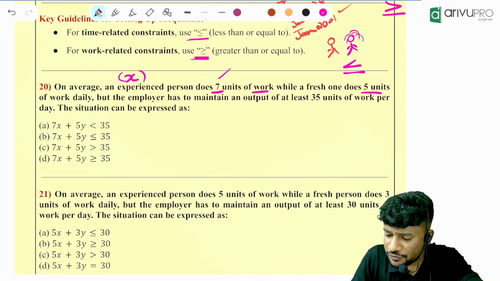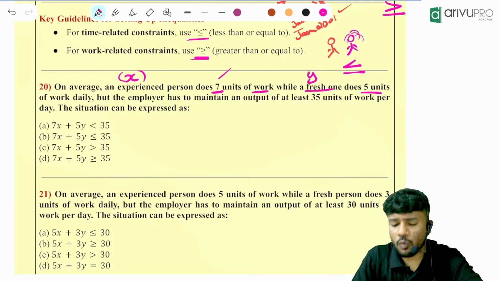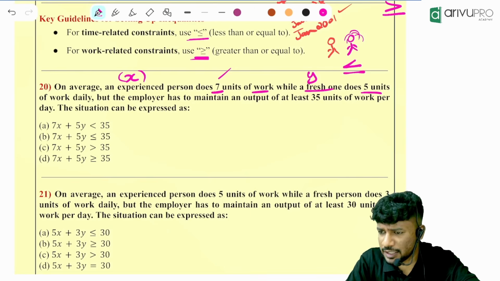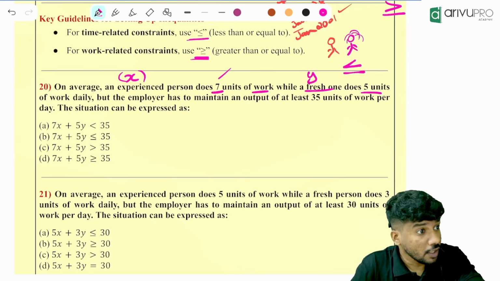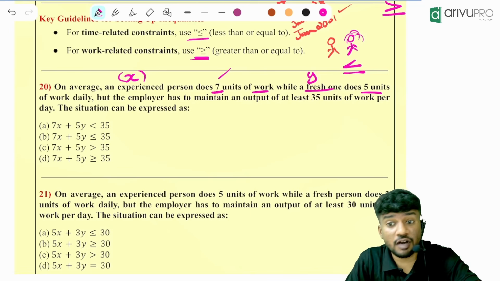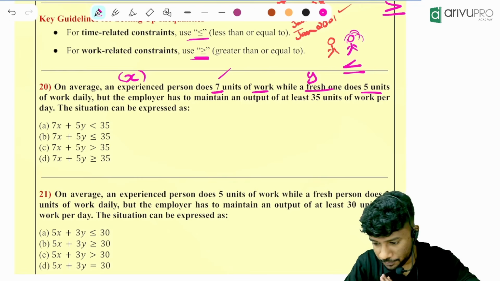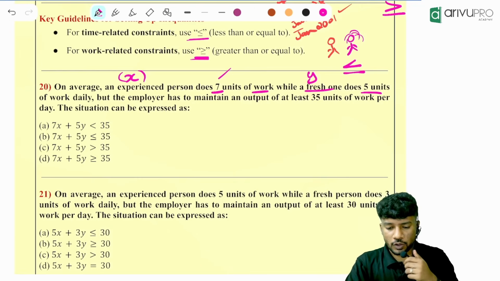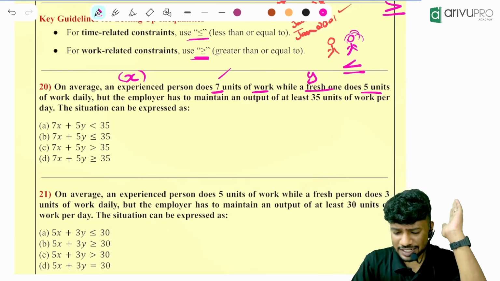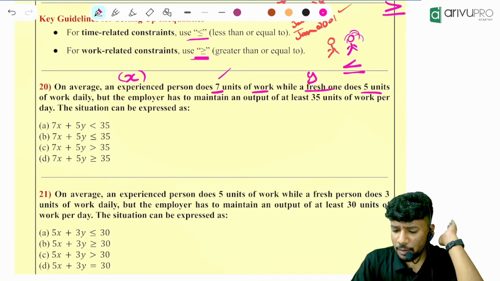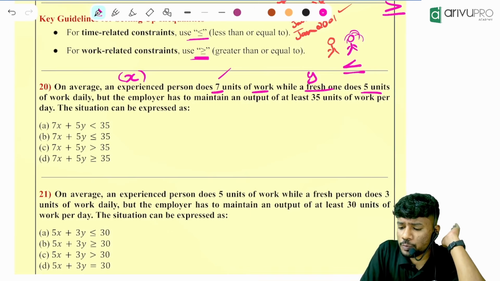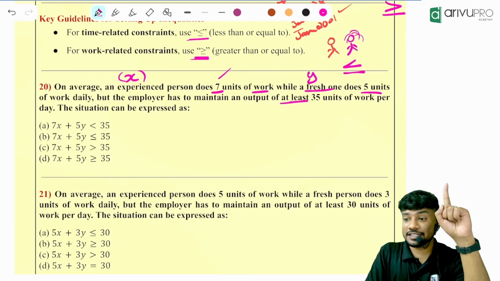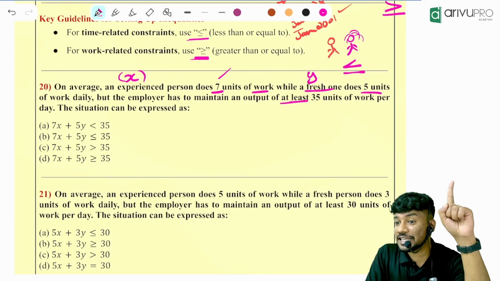Let the number of freshers be Y. The number of experienced persons is X. But the employer has to maintain an output of at least 35 units. At least, yesterday we discussed, at least means what?